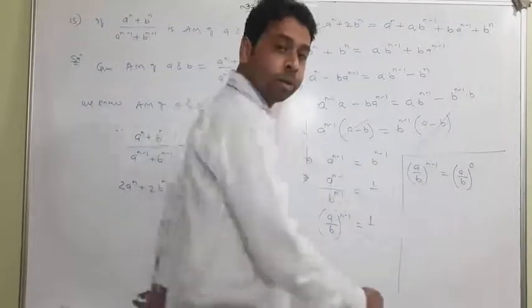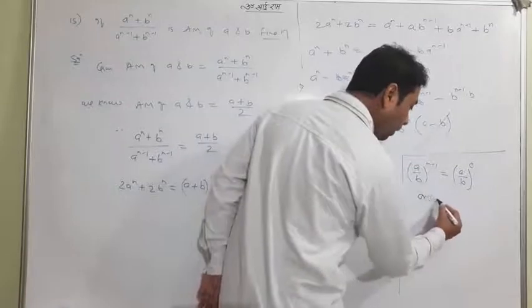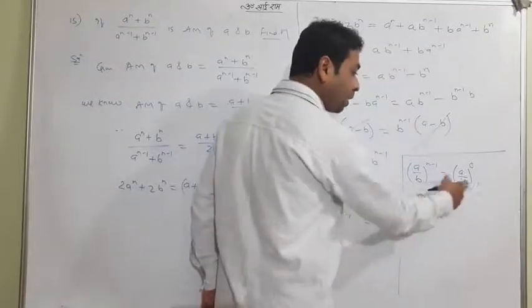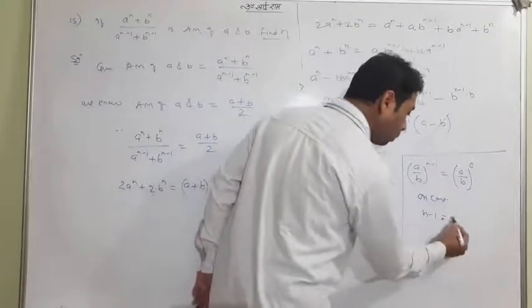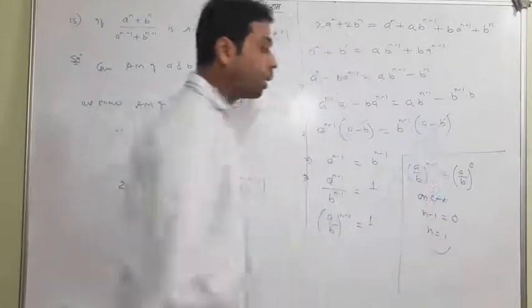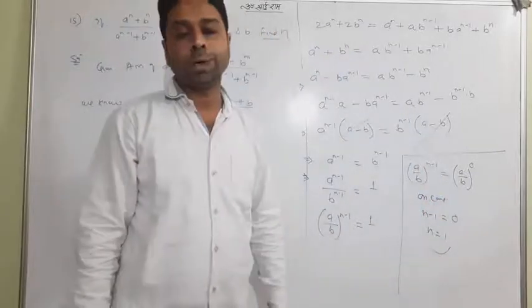Now can you compare the power? On comparing the power, the bases are the same, so the powers will be the same: n minus 1 will be 0, so n will be 1. That was asked, to find the value of n, and we have got it.